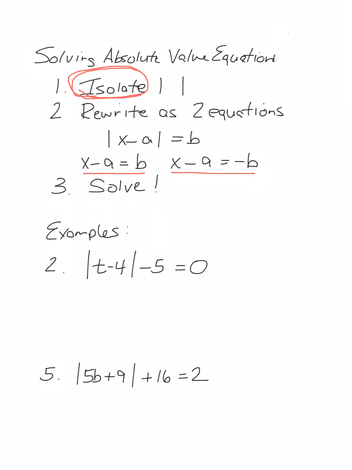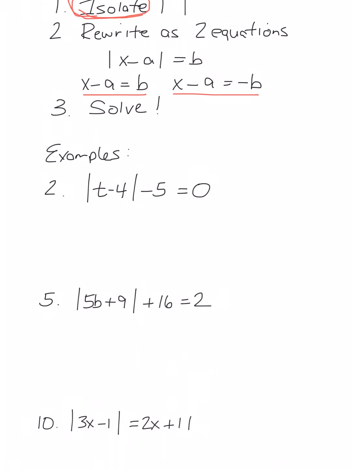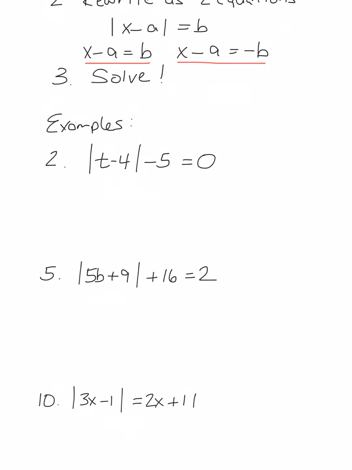So number 2, and this is an example from your study guide again, I'm going to want to isolate this absolute value symbol. So to do that, I would add 5 to both sides. Now I've got the absolute value of t minus 4 is equal to 5.